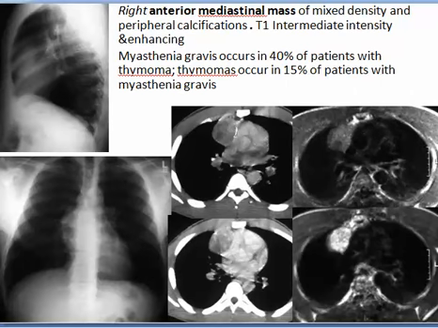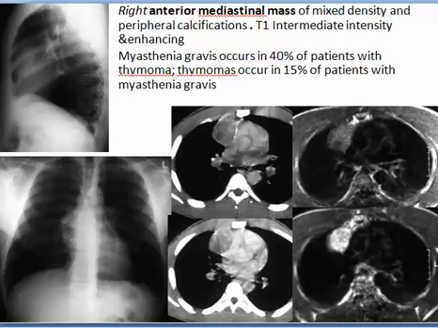Here we have a right anterior mediastinal mass of mixed density and peripheral calcification. Anterior mediastinal mass with calcification, not connected to the thyroid, and it is not characteristic of lymphoma, and the appearance is that of a thymoma, as the calcifications are peripheral, while in teratomas, either benign, immature, or malignant, the calcifications are usually central.